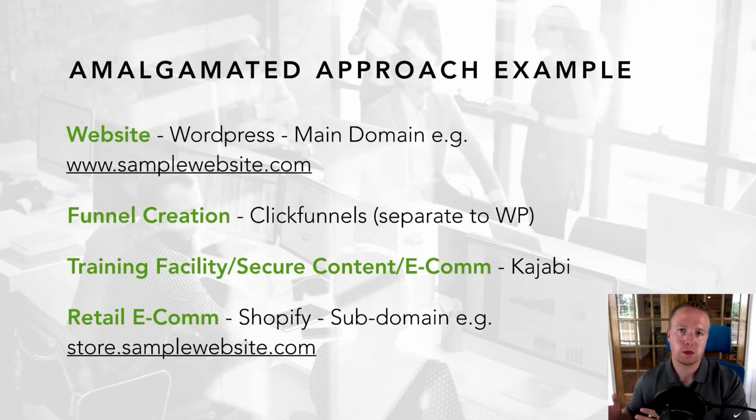Have your funnel system separate to bring in leads. Then sell my courses like I do on Kajabi, and then I could sell retail items, things that need to ship from a distribution warehouse, via Shopify. And that way you can create an ecosystem within your own marketing, which is optimized at every single stage. And that's the way I would certainly do it.